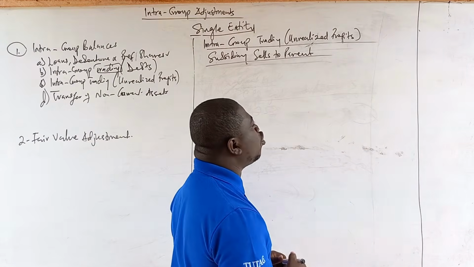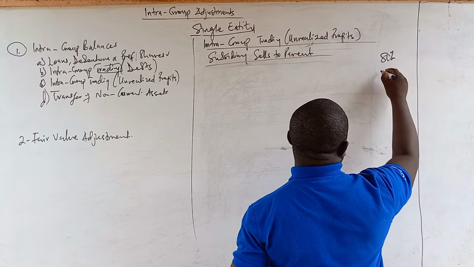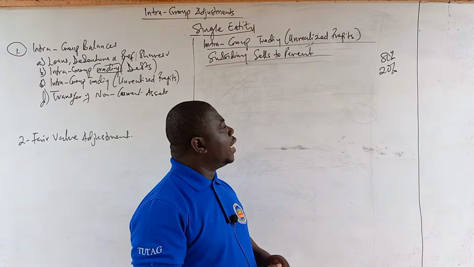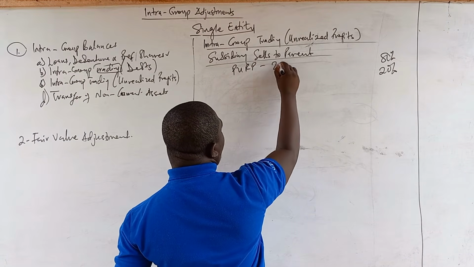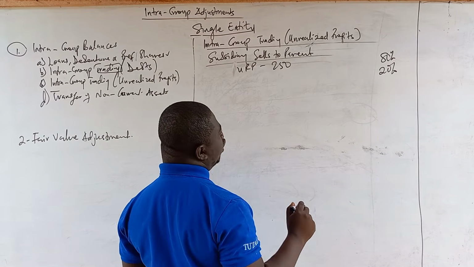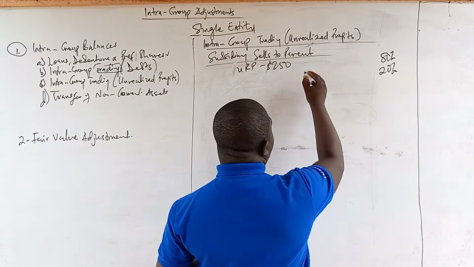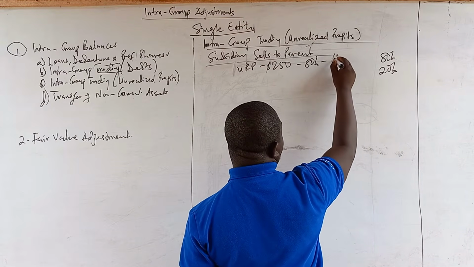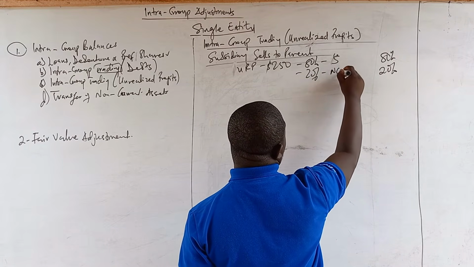And so in this case, the group structure will matter. So if you have a group where the structure is, let's say, 80% to 20%, for example, then in a case where your unrealized profit is $250, you have to first of all look at the unrealized profit and see that 80% of this unrealized profit will be enjoyed by the group, and then 20% for NCI.